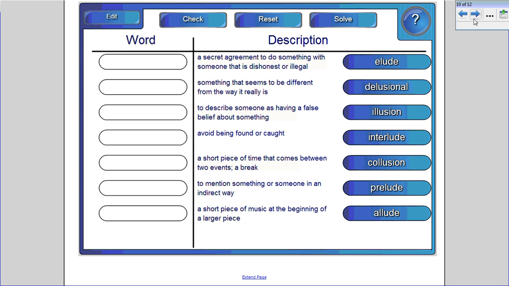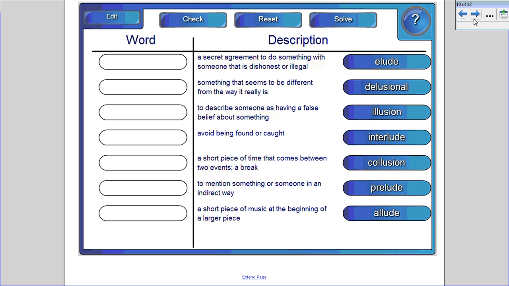All right, what I'd like for you to now do is try to match up the words that you see here on the right-hand side to the definitions that are on the left-hand side. Some of the words we talked about in this lesson, but others are words that you may have seen either in a book, like prelude, or maybe even in other aspects of your life.